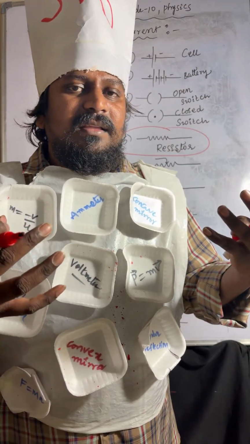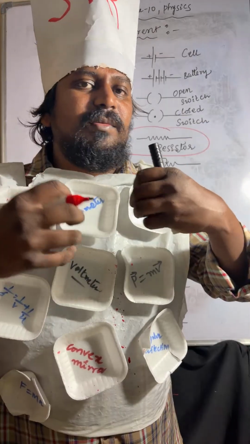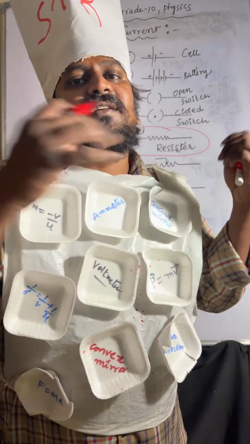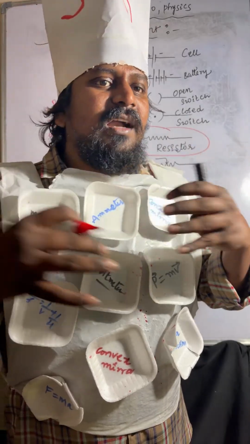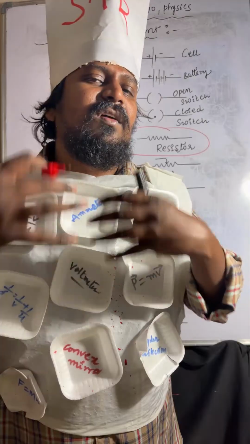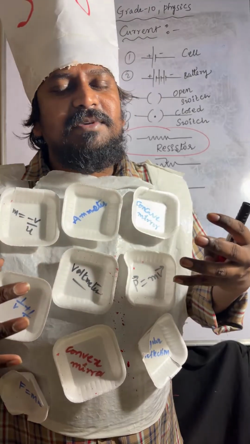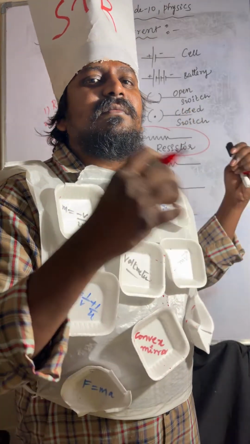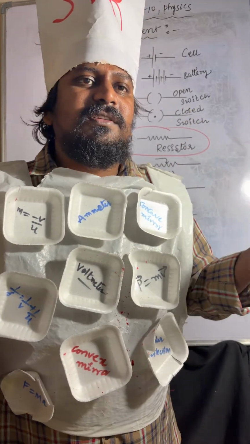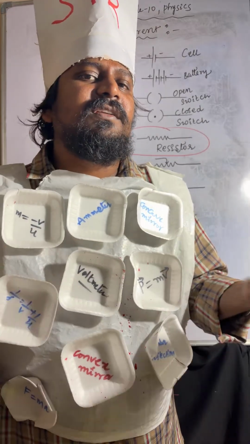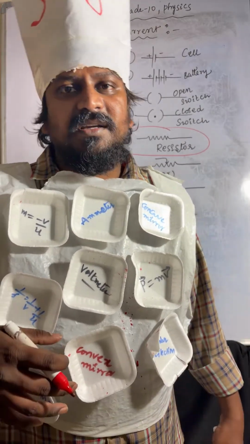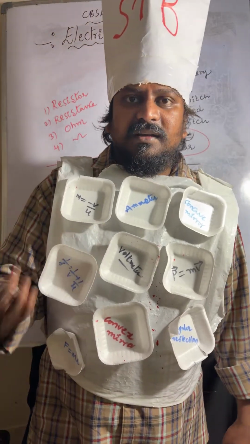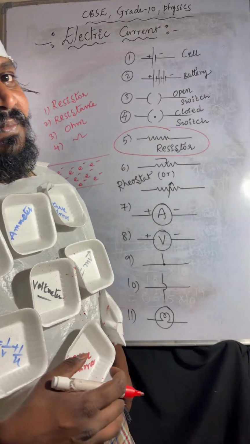Electrons will collide there only. They won't move forward. There only bombardment, collision, and hitting will take place. That's why resistance depends on temperature. So when temperature increases, resistance also increases.